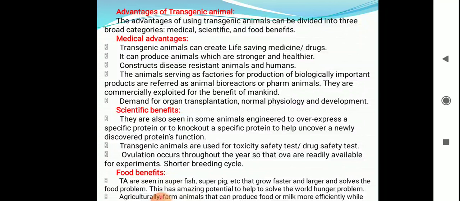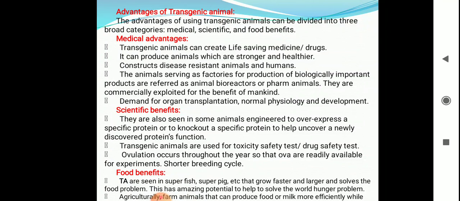This has amazing potential to help solve the world hunger problem. Okay, in agriculture also, farm animals that can produce food or milk efficiently, while consuming less food themselves, would be another benefit to mankind.